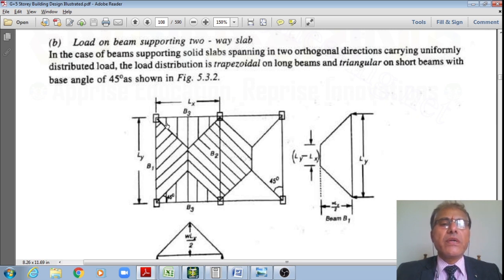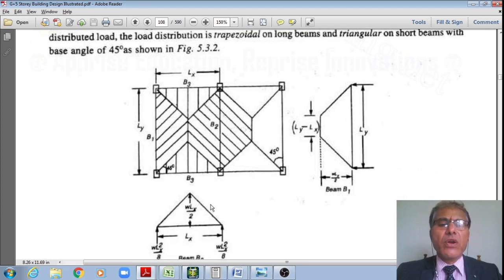Therefore, this triangular load will go on to this beam B3, whereas this trapezoidal load will go to this B1, and this trapezoidal load will go to this B2 from this panel. Similarly, from the other panel we also get another trapezoidal load. Therefore, there are two trapezoidal loads coming onto this interior beam, as well as the triangular loads.